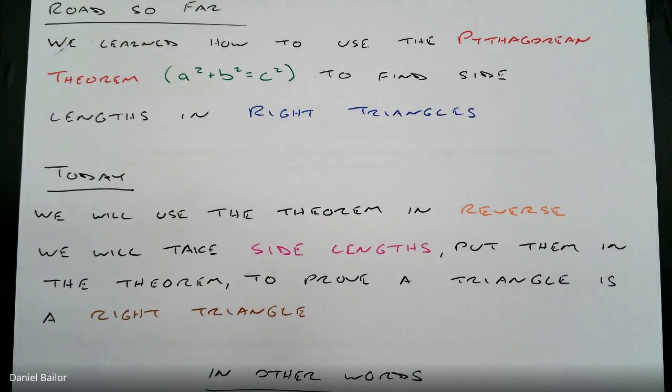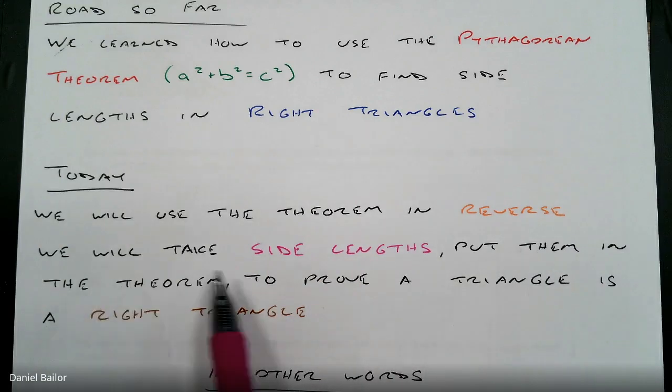Like yesterday, we started with a right triangle and found the sides. Today, we start with all three sides and say, yes or no, is it a right triangle? So we are going to use the theorem in reverse.